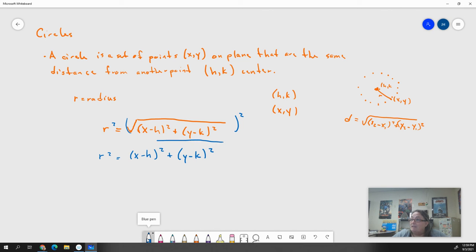This is the standard equation of a circle. I am not going to ask you to get here, but you're going to have to play with that a little bit, because on a lot of these, you're going to be given 2 points, and they're going to say, write the equation of a circle given a center, which is your (h, k), and then another point. And you're going to have to come up with this equation.